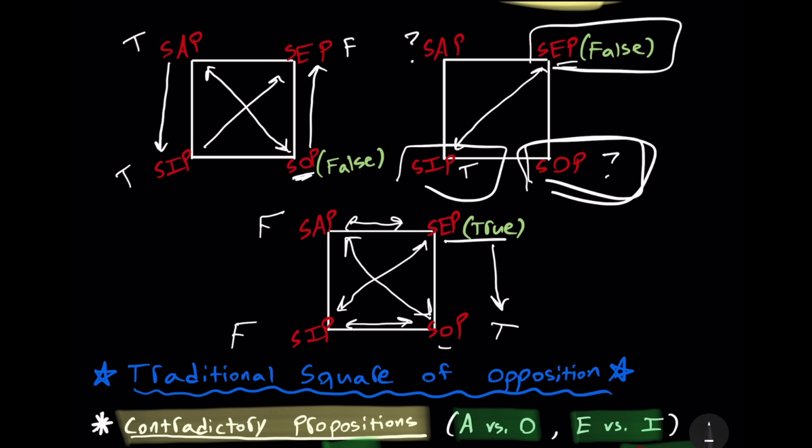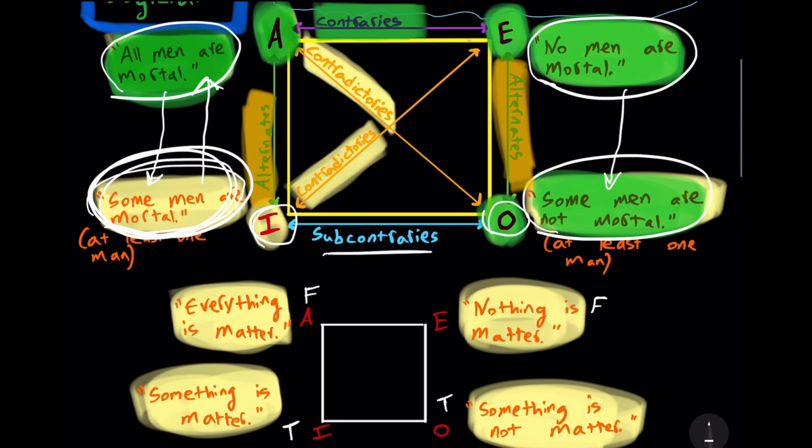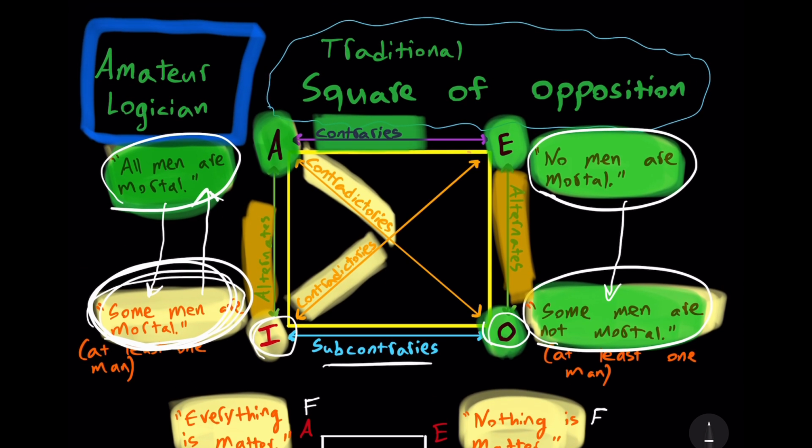Now things get a little bit hairy here, however, because in the modern square of opposition, from the Boolean viewpoint, things radically change, because modern logic defines all and some differently than Aristotelian scholastic logic. And the result is that all forms of opposition minus contradictory opposition, namely between A versus O or E versus I, become logically undetermined.